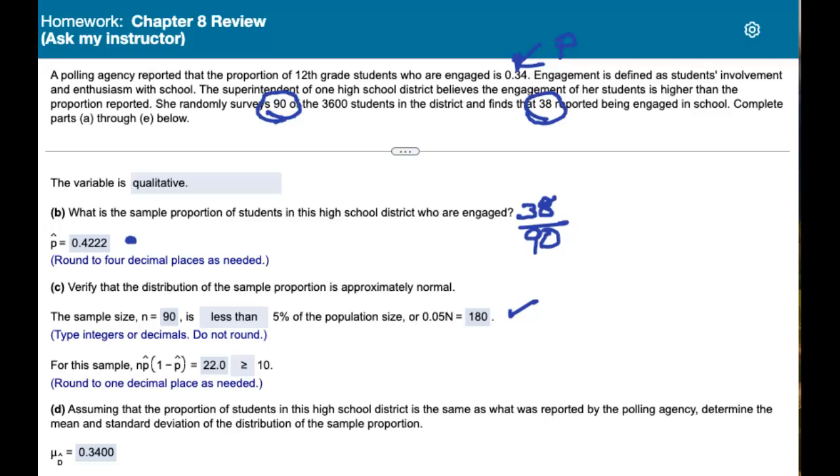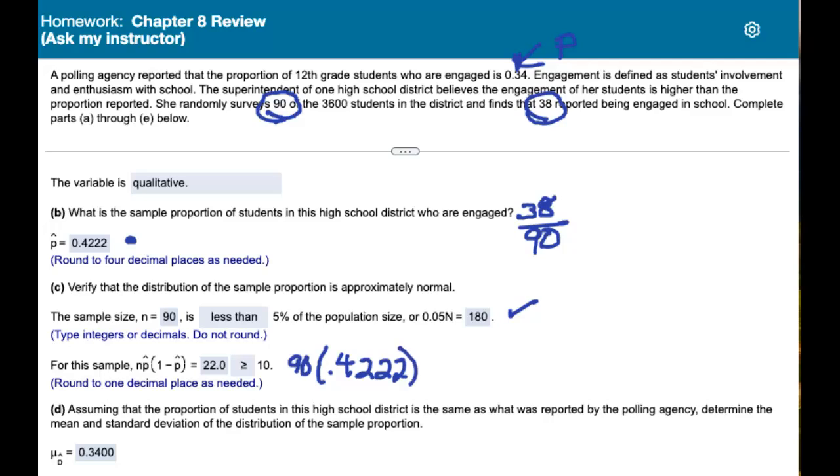So that's fine. The second part is we need to check n times p hat times 1 minus p hat, which is q hat. Is that greater than or equal to 10? Well, n is the number in the sample size. P hat is that proportion that we have up here, 0.4222.